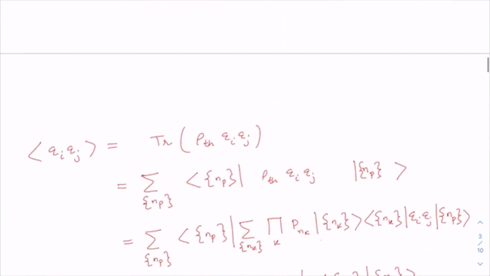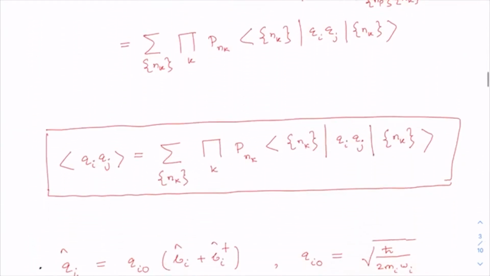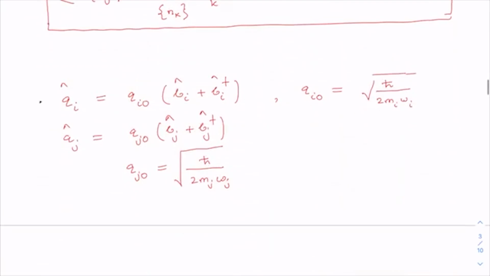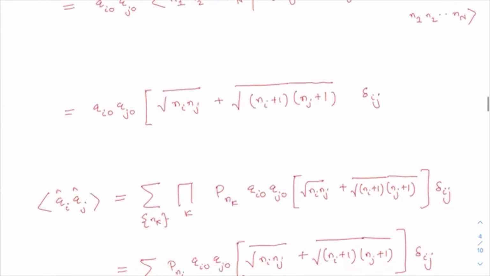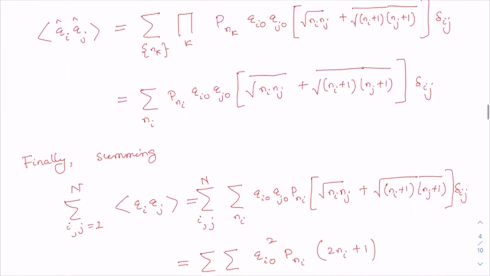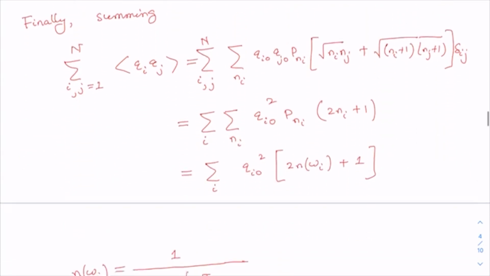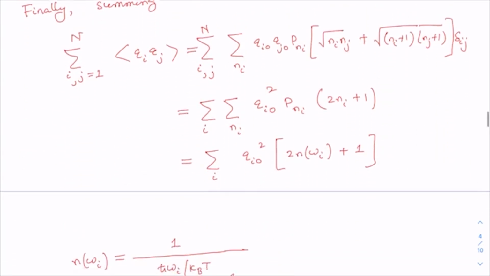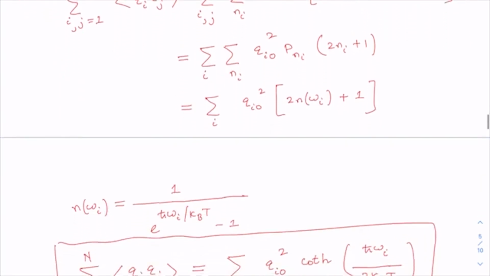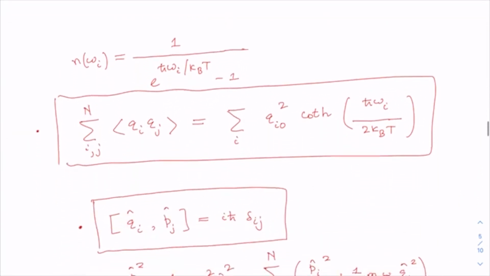We have expressed the position coordinate in terms of the quantum annihilation and creation operators, and thereby we arrived at the expression for the expectation value of qi and qj, and finally summing it over all oscillators, we got the expression, and we express it in this particular form here.